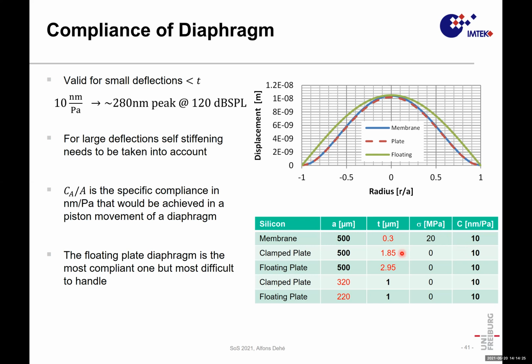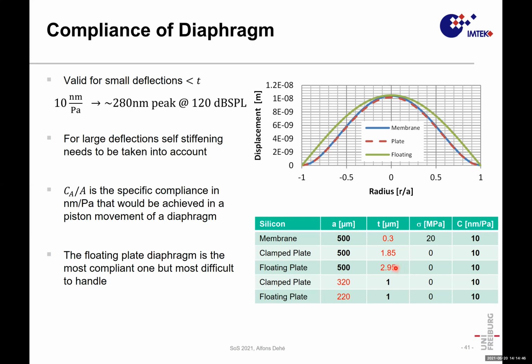And you see, we need a much thicker plate than a diaphragm to generate the same sensitivity. And if we were using the same set with a floating plate, we can generate this with nearly 3 micrometers thick. It's easier to manufacture.